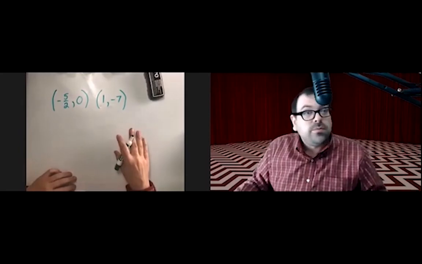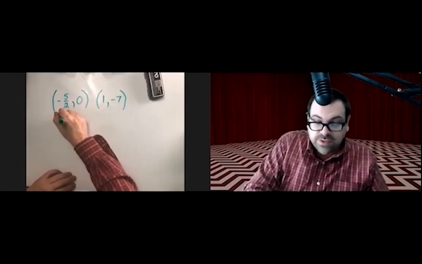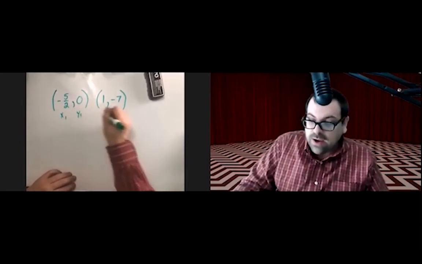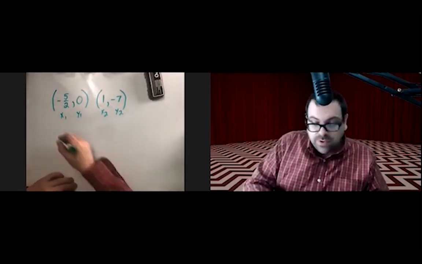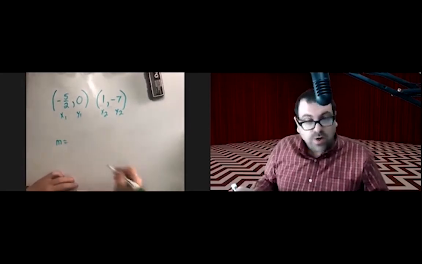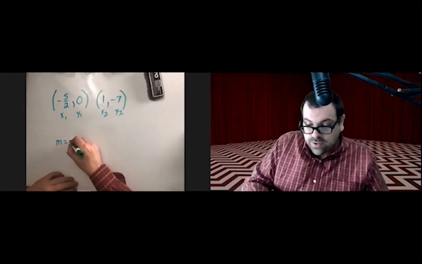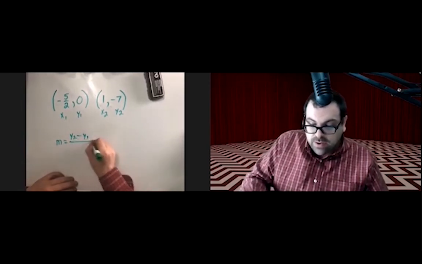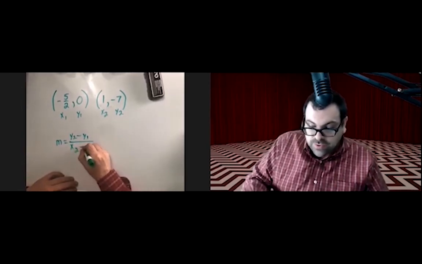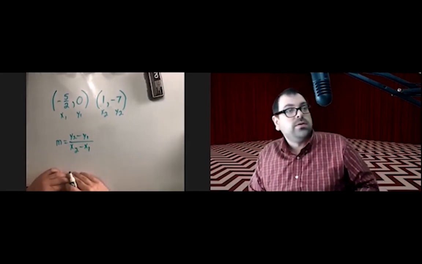But we do it the same way. Here's an x1, y1, our x2, y2. We're going to do y2 minus y1 over x2 minus x1.